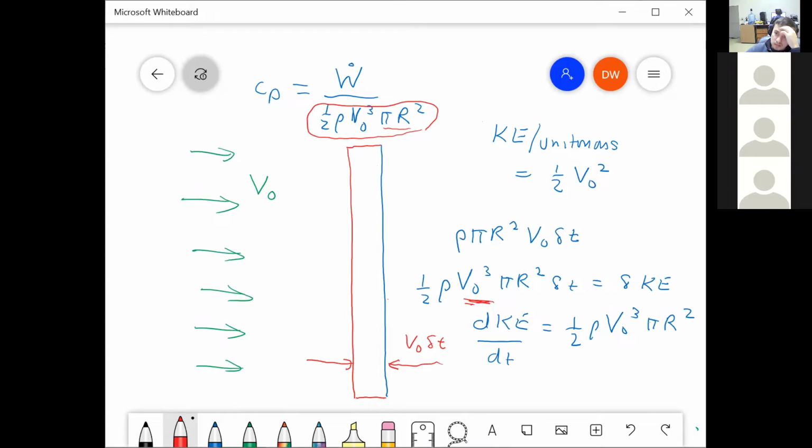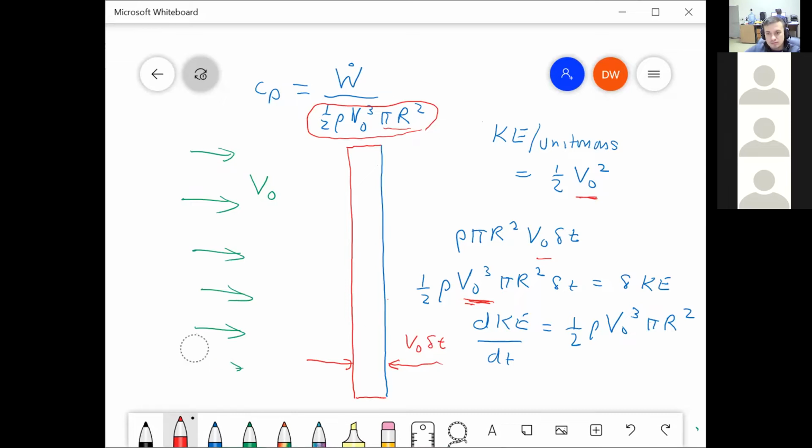That V cubed comes from the fact that the kinetic energy is proportional to V0 squared, but the amount of mass that crosses the representation of the turbine disc also depends on V0. So the higher the wind speed, the more kinetic energy there is in the wind, but also the more mass of air that will pass the disc in a certain time. And that's basically where we get the cubic dependence of the power on the wind speed.